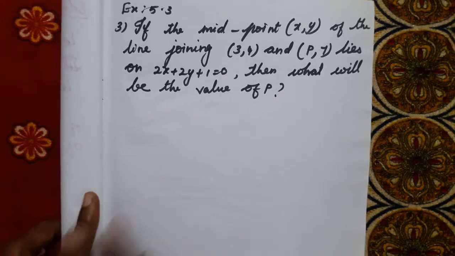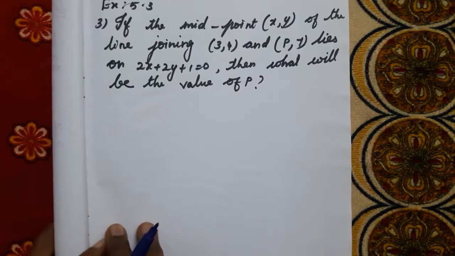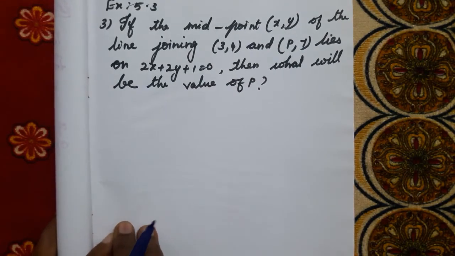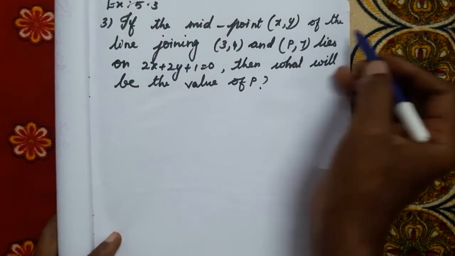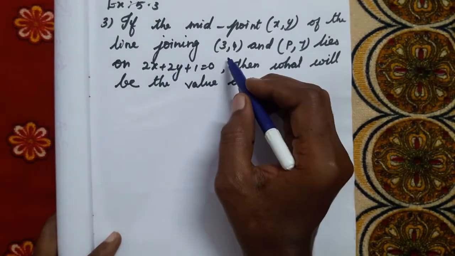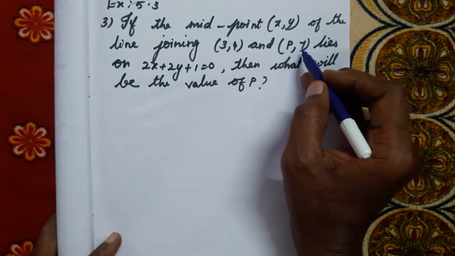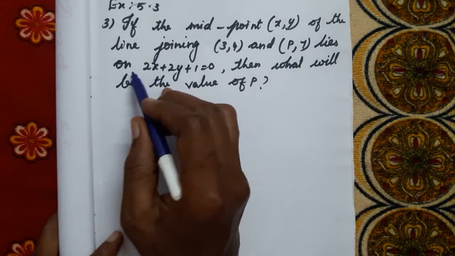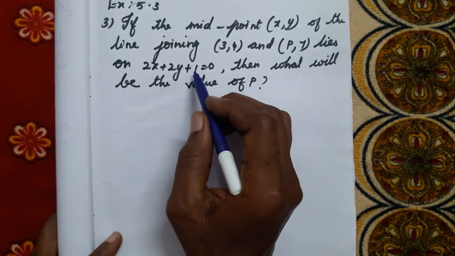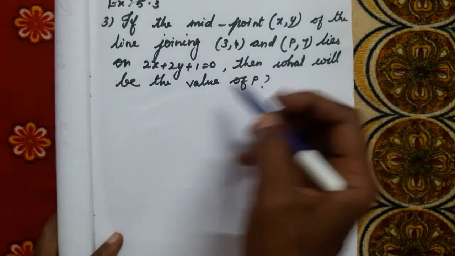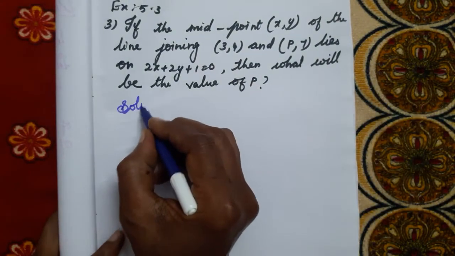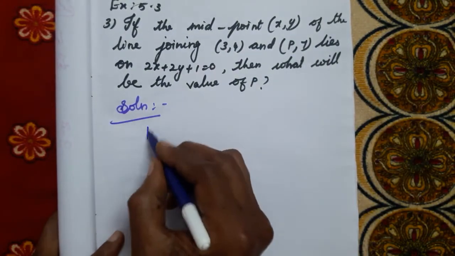Now, I am going to explain exercise 5.3, third problem. If the midpoint (x, y) of the line joining (3, 4) and (p, 7) lies on 2x plus 2y plus 1 is equal to 0, then what will be the value of p? Listen, here the midpoint formula.